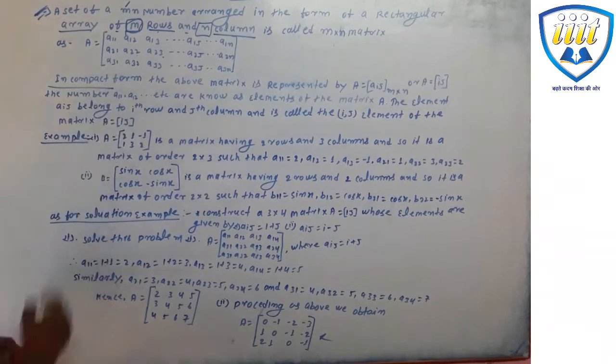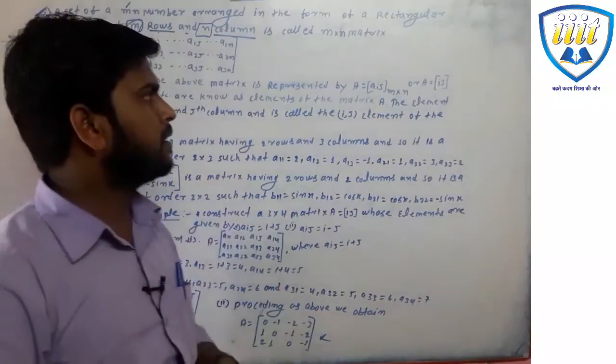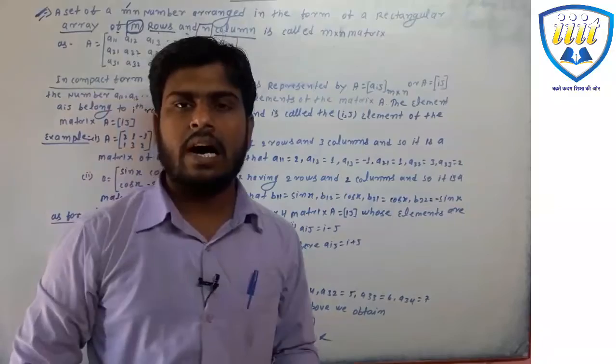In compact form the above matrix is represented by A equal to Aij m n.